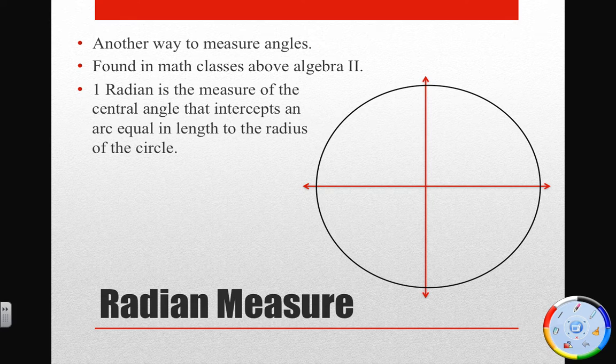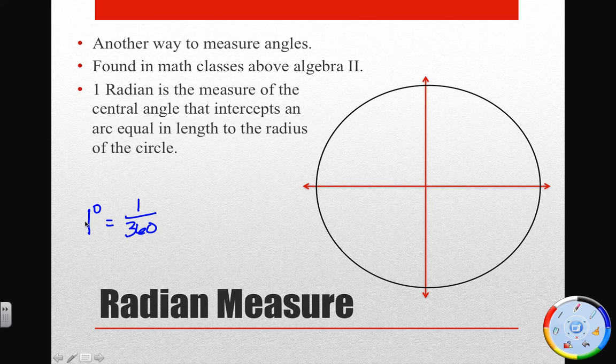1 radian is the measure of the central angle that intercepts an arc equal in length to the radius of the circle. Now that is a mouthful, but you understand that in degree measures, 1 degree is just equal to 1/360th of a revolution.